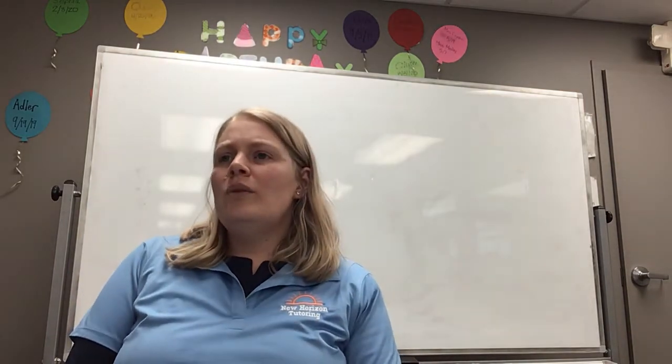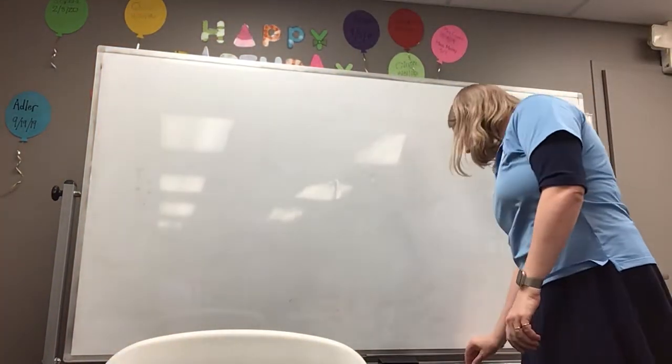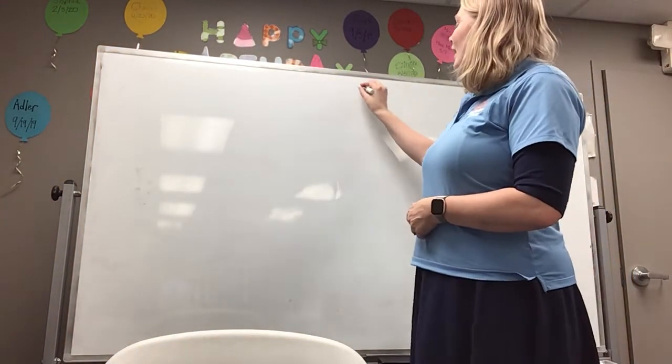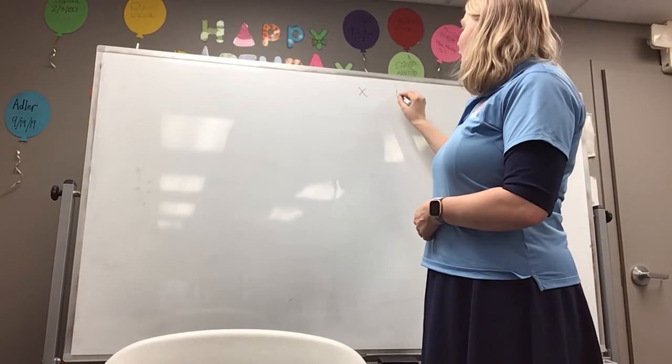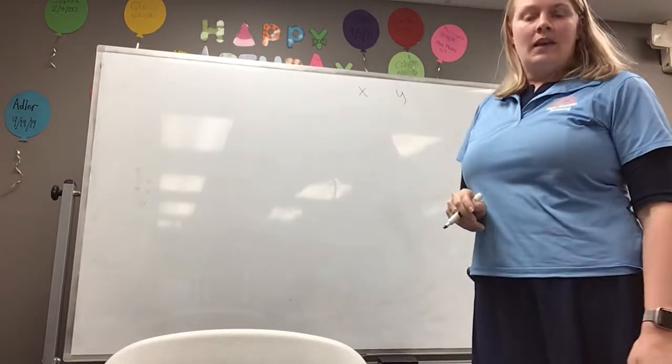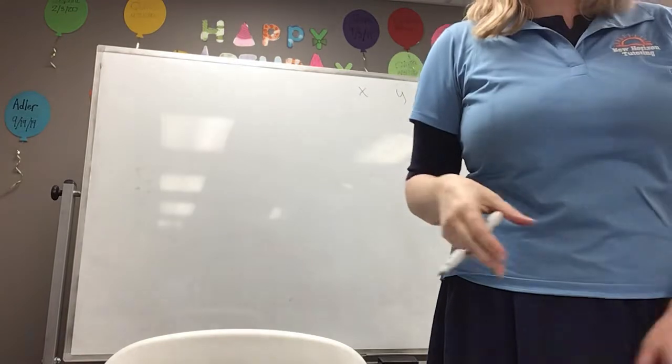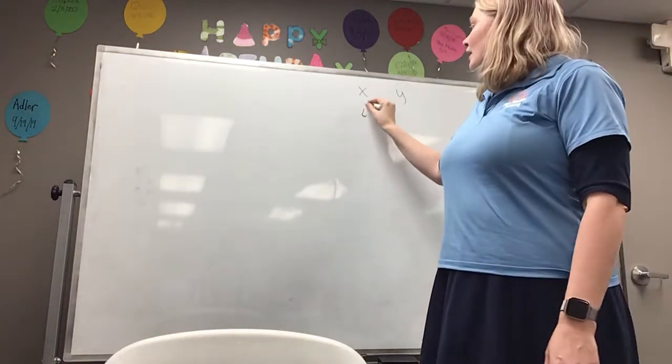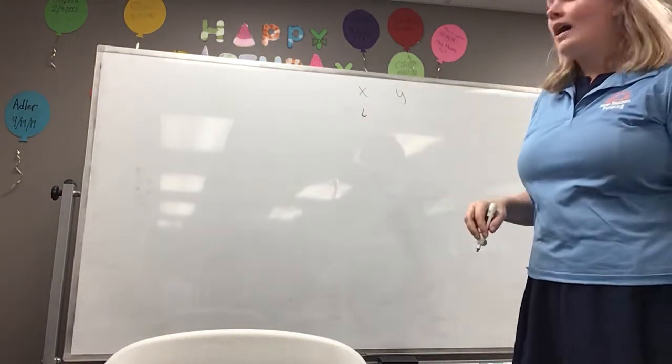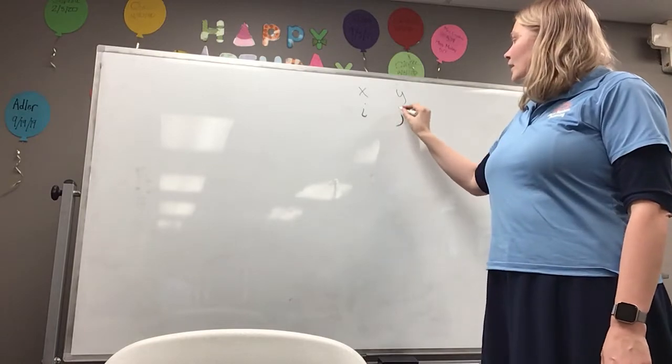So unit vector notation is going to be going back to the idea of x and y. X obviously comes first, is the i, and y is the j.